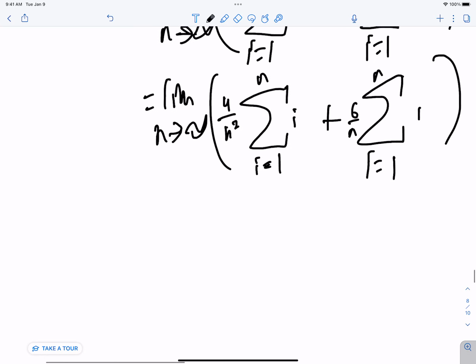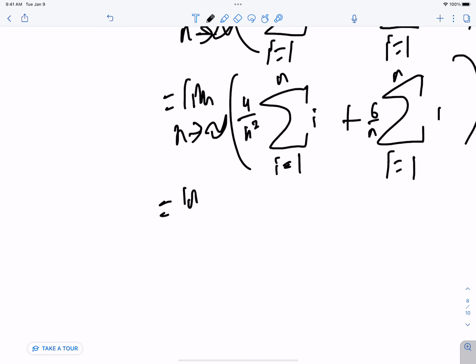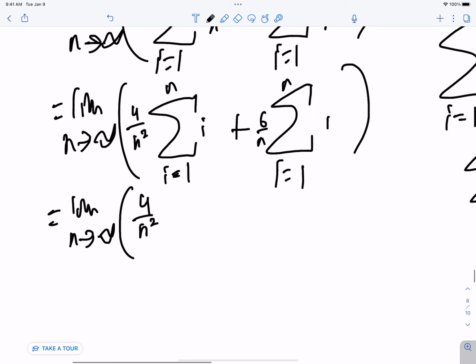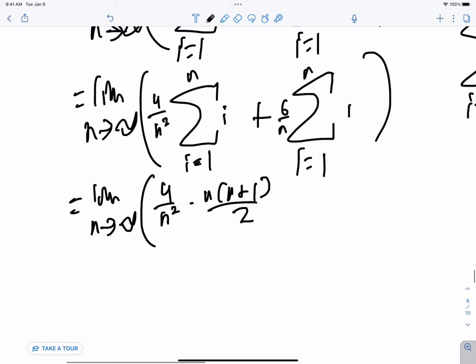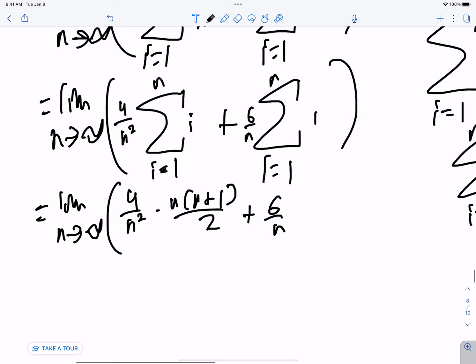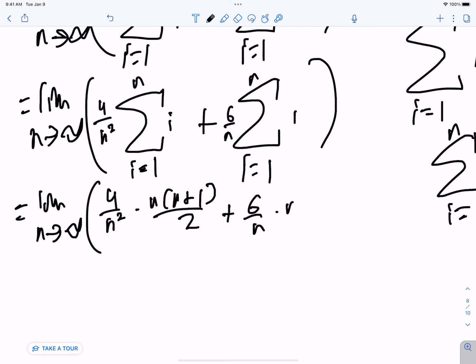Okay, with that in mind, we can then further go into this whole expression here. And because of earlier, we can just simplify that into n times n plus 1 over 2. We can also add that to 6 over n, and we know that 1 times n is just n, therefore times n.